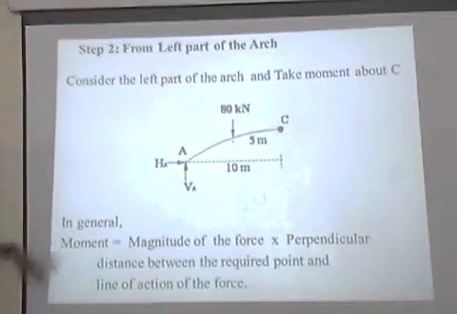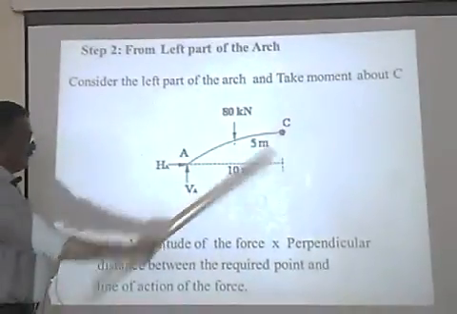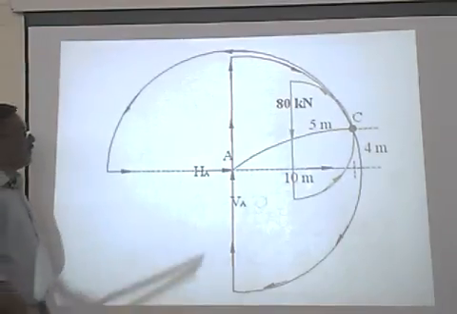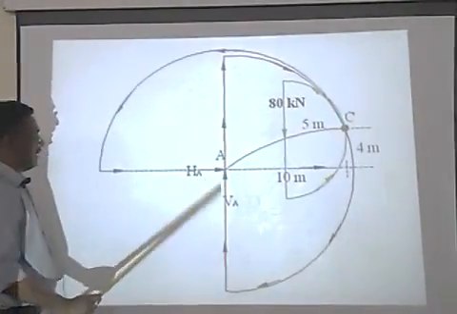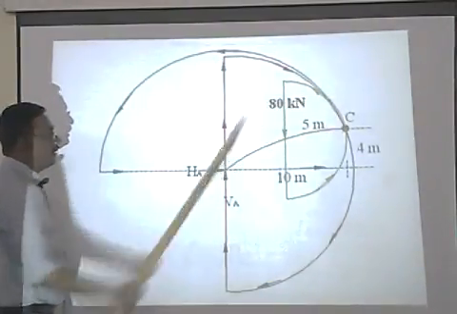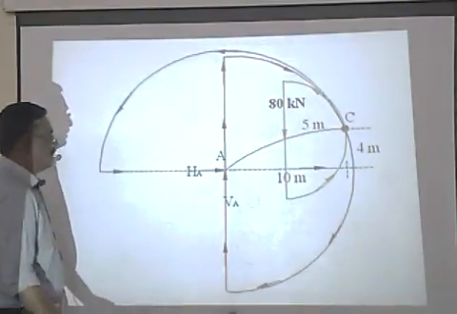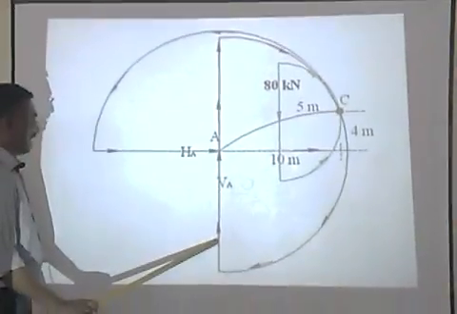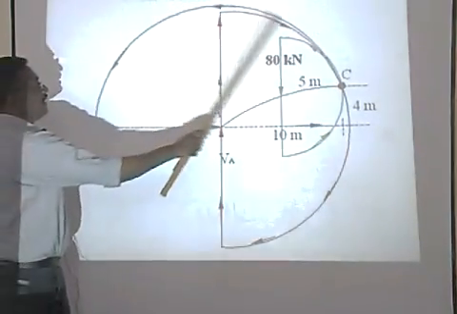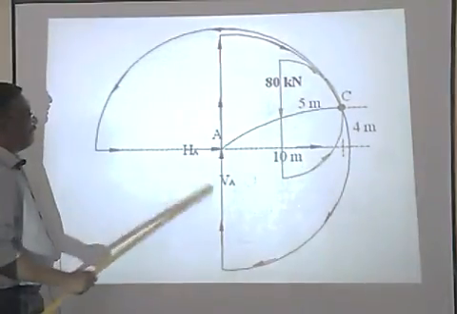In general, the moment is equal to the product of the magnitude of the force and the distance between the line of action of the force and the required point. From the left part, these are the forces: vertical reaction, horizontal reaction, the vertical downward load, and the crown C. Now we take moment about point C. VA acts in this direction, and with respect to the crown it makes a clockwise rotation, which is considered positive.